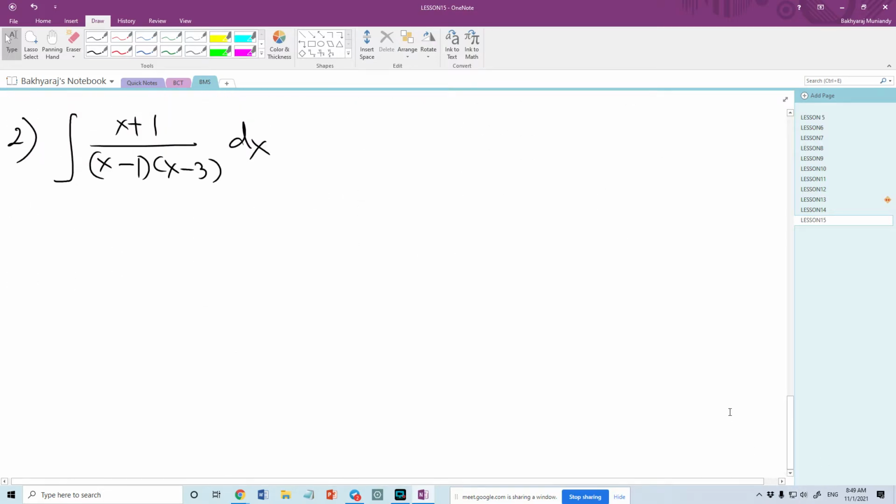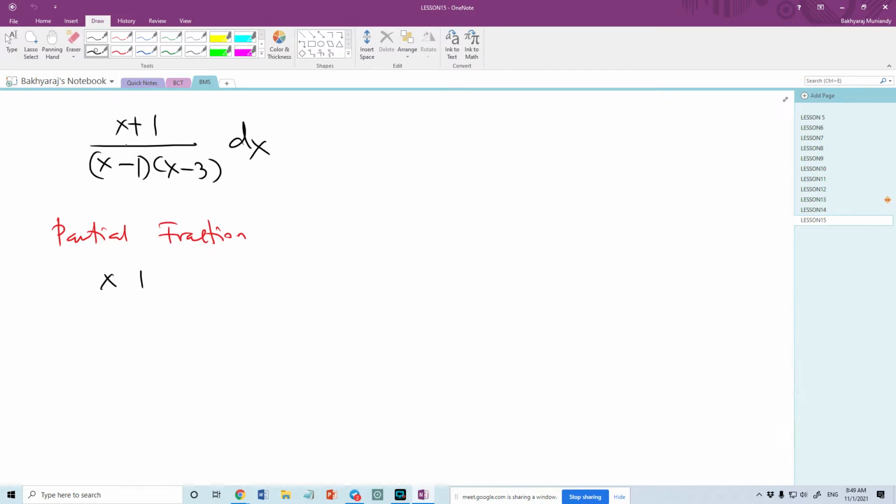So first thing, we do partial fraction. First thing you need to do is partial fraction. Okay, what is our partial fraction here? x plus 1 over (x minus 1)(x minus 3). Okay, this is what our partial fraction.